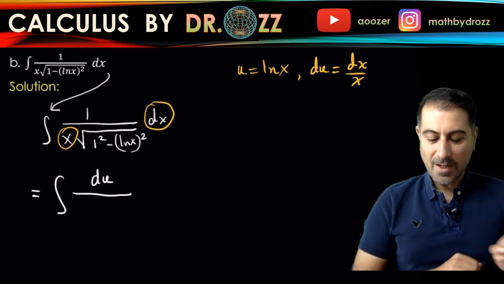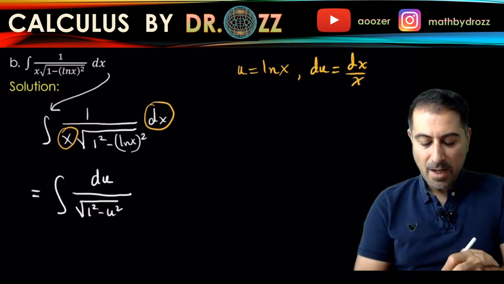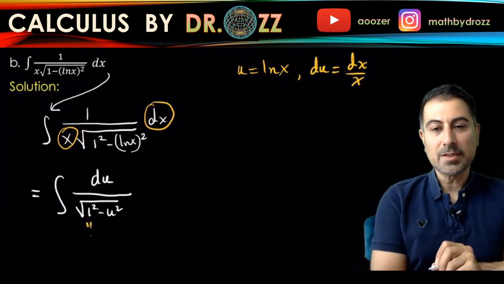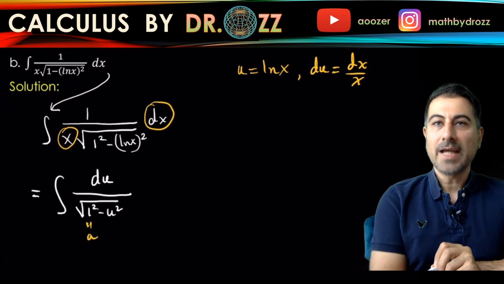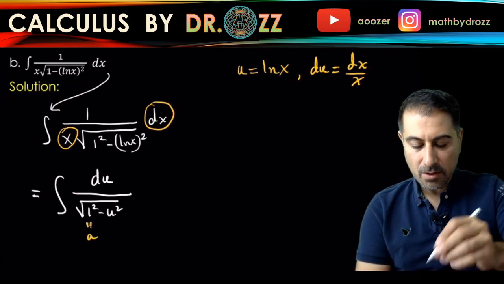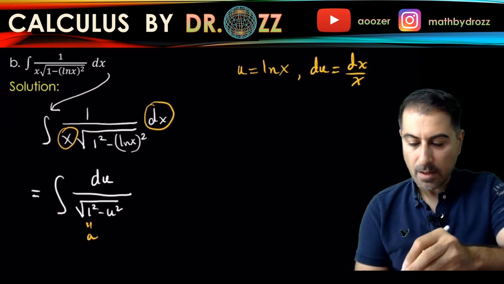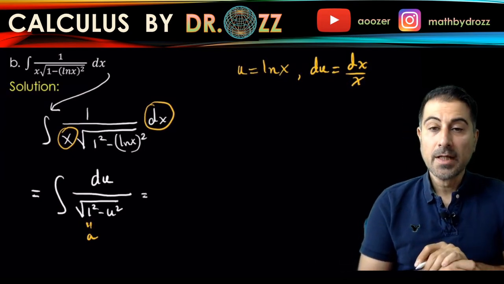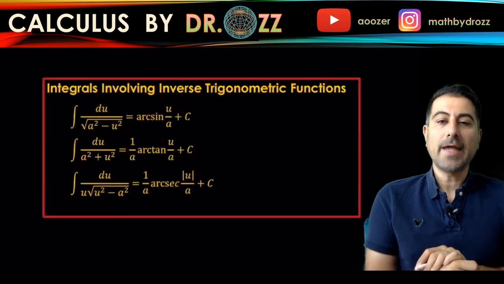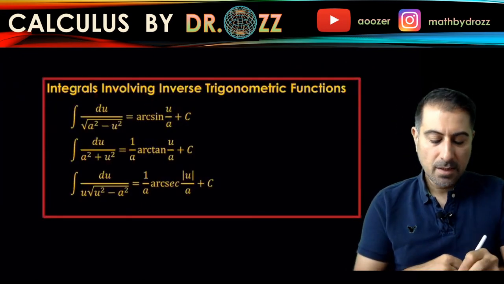So in other words, in this case, a equals 1 and u equals ln x. So we exactly know what kind of integral we expect, right? This is arc sine. Going back again to this formula, this is arc sine u over a plus c.